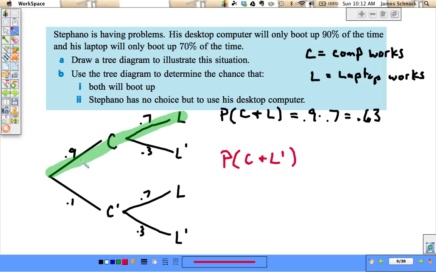That's the only way that he's going to be able to use the desktop is if the laptop doesn't work. So this would be 0.9 times 0.3, 0.27. 27% of the time, he's going to be stuck with his desktop only and not his laptop.